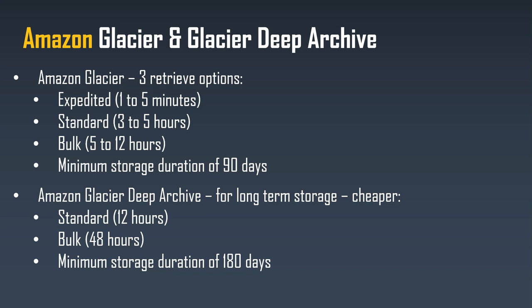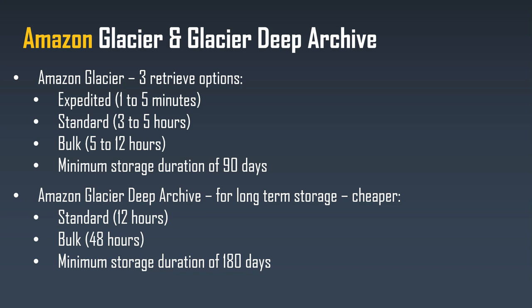But this time the retrieval options are standard, 12 hours, so you cannot retrieve a file in less than 12 hours. And bulk, if you have multiple files and you can wait up to 48 hours, it's going to be even cheaper. So Deep Archive is going to be for files that you really don't need to retrieve urgently even if it's archived. And the minimum storage duration for Deep Archive is going to be 180 days.